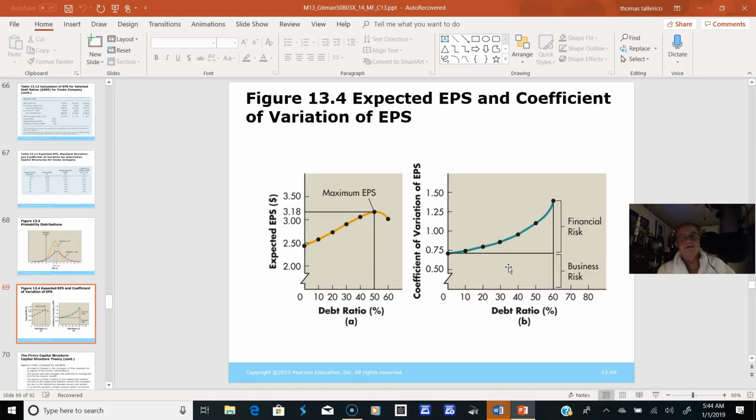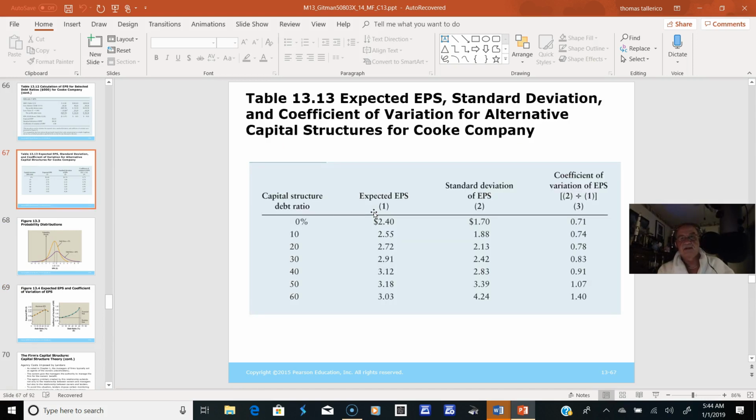All right, so this is a real important curve here. Notice here's the expected earnings per share. And as soon as I hit a debt ratio of 50, my earnings per share is $3.18, right? And then it begins to drop off. So this is my optimum earnings per share. Let me go back because I wanted to make sure.